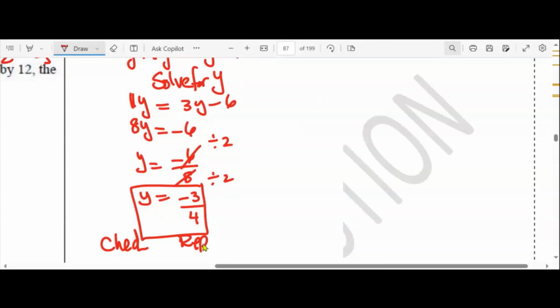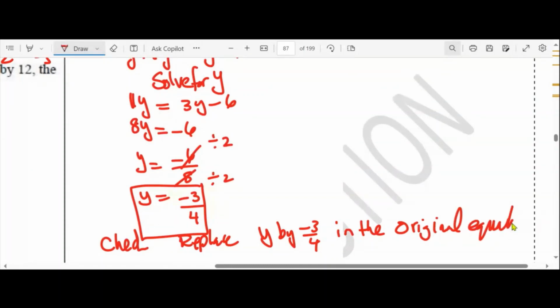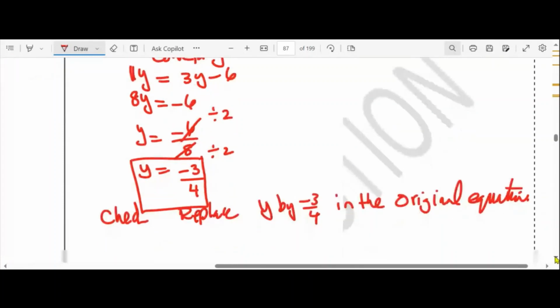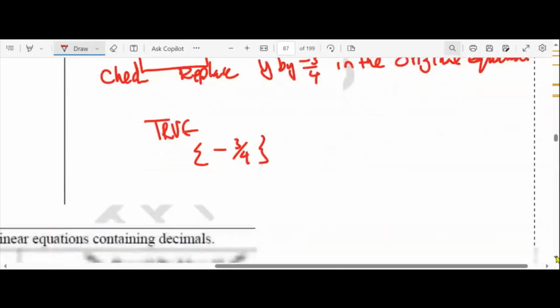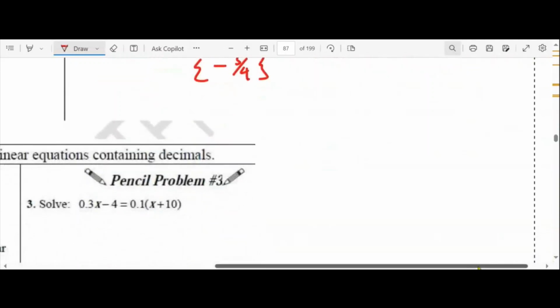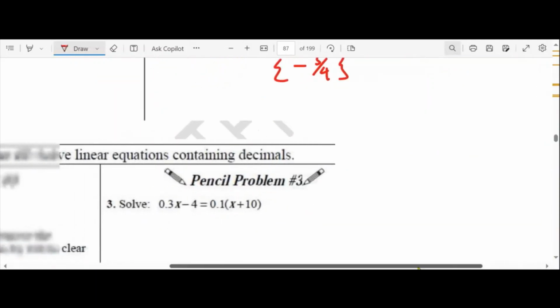Replace y by negative 3 over 4 in the original equation and see if the left side equals the right side. If it's true, then your solution set is what? Negative 3 over 4. Is this clear? Yes.